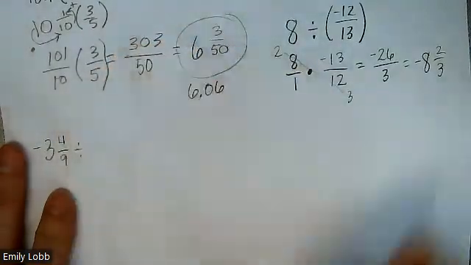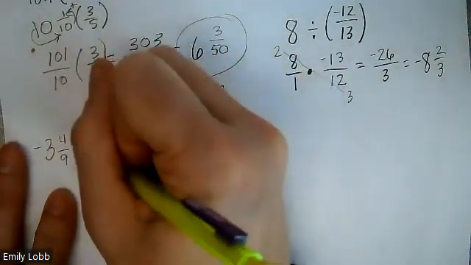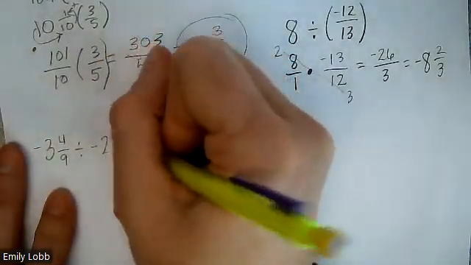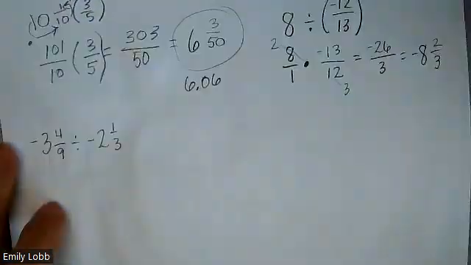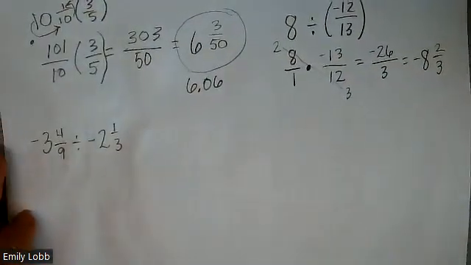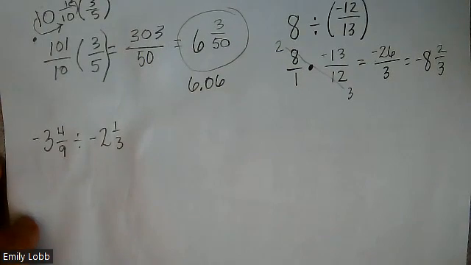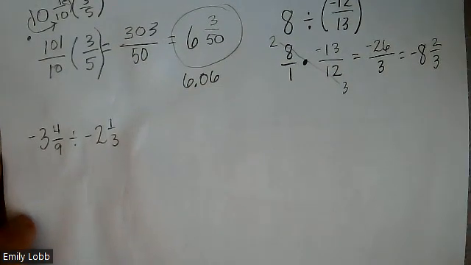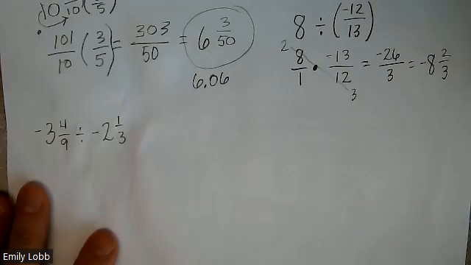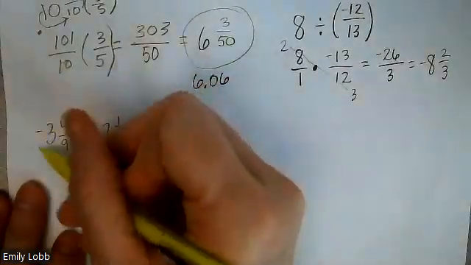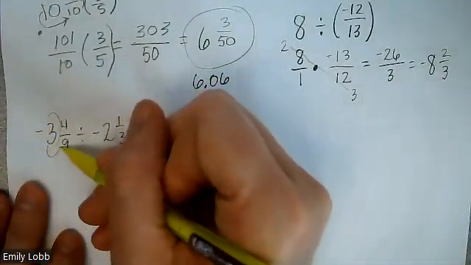Divided by negative 2 and 1/3. First of all, looking at this, our signs are the same. So our answer is going to be positive or negative? Positive. So whole number times bottom number.